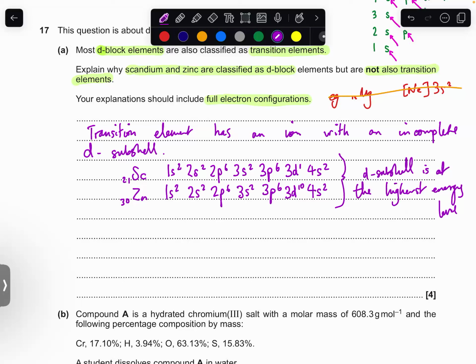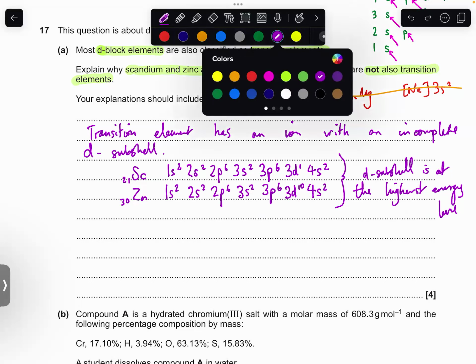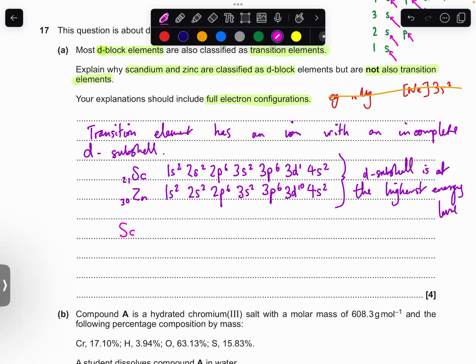Now, if you look at the ions of zinc and scandium, scandium only has one ion, Sc3+ only. And zinc only has a 2+ ion. And if you look at the subshells, the electron configuration, scandium actually loses the 4s subshell, and in the 3d subshell, there are 0 electrons.